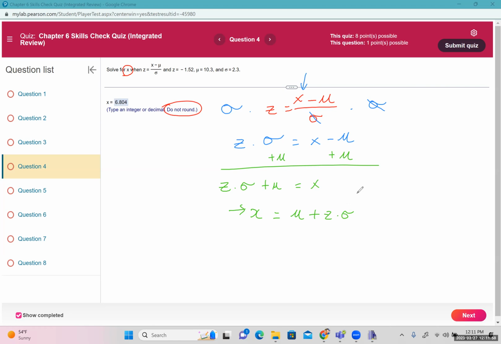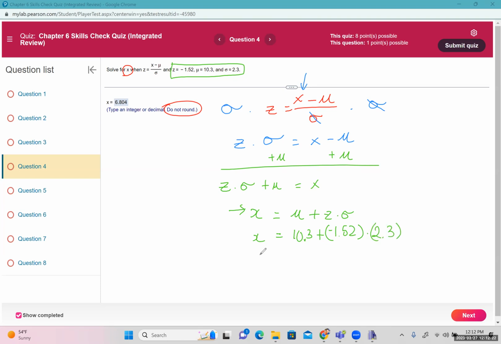And now I come back with the given and substitute. I'm gonna have x equal to mu, which is gonna be 10.3 plus with z is negative 1.52 there. And I multiply it by sigma with 2.3.